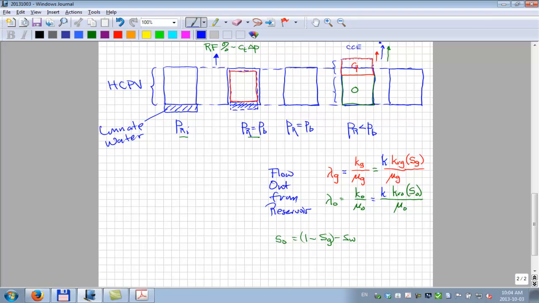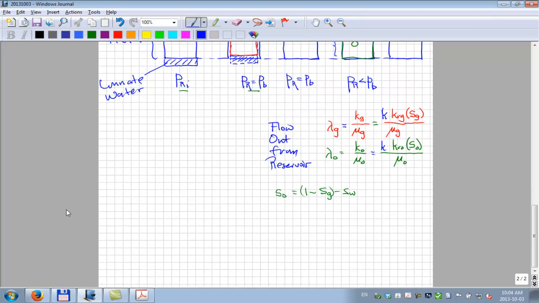Okay? And what you'll find is that for a given phase, be it gas or oil, the relative permeability is approximately given by that phase saturation to a power n, and that power n is a constant for that phase.